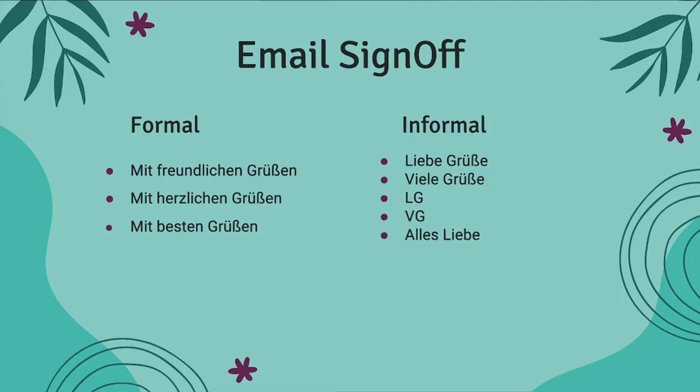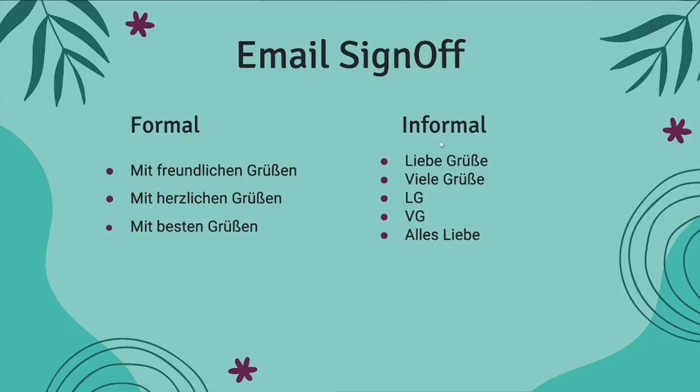You could always use by default mit freundlichen Grüßen. Sometimes you might see people writing the first letters MFG in short form. That means it's a short form of mit freundlichen Grüßen, like kind regards. So if you don't know what to write, you can always write mit freundlichen Grüßen.